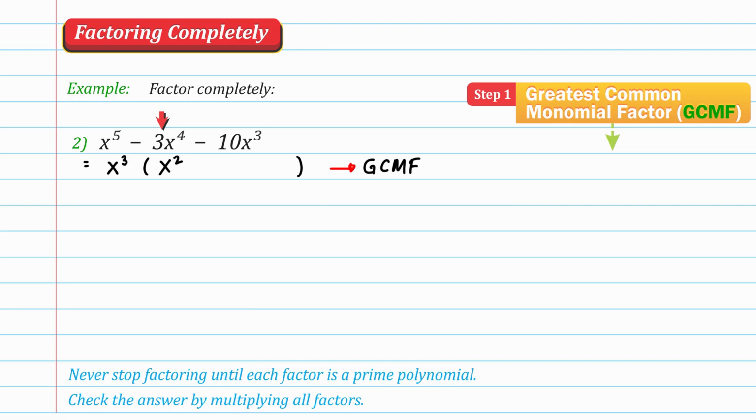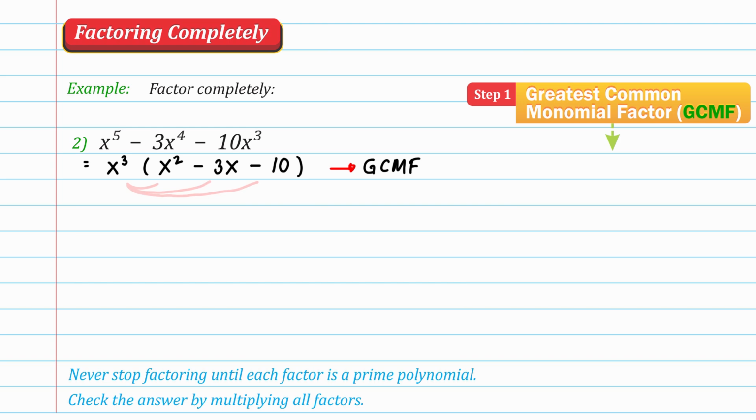Negative 3x to the 4th divided by x cubed is negative 3x. And negative 10x cubed divided by x cubed by rules of exponents is negative 10. So, this results to a factored form of x cubed times the quantity x squared minus 3x minus 10.